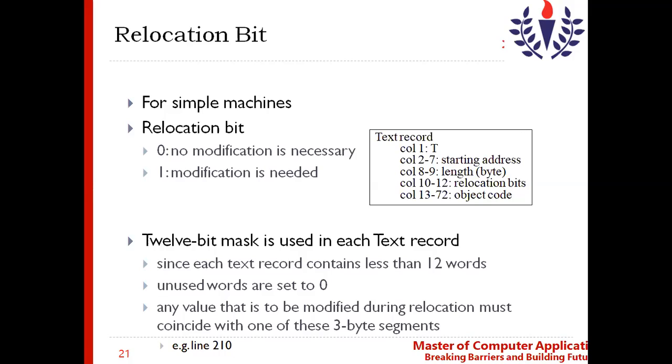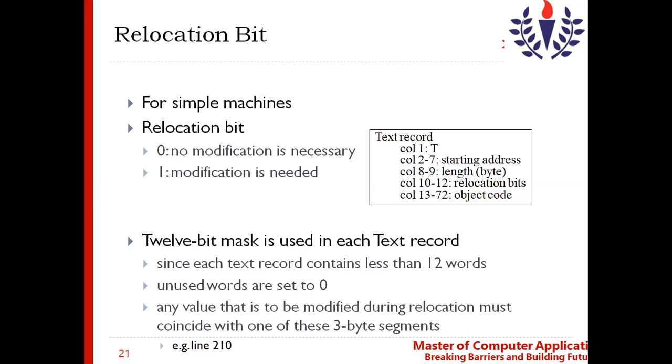In such a situation, say for example, there are 12 bits and we have only 8 object codes in the text record. The remaining bits will have the value 0. So we can understand that the unused words are also set to 0.